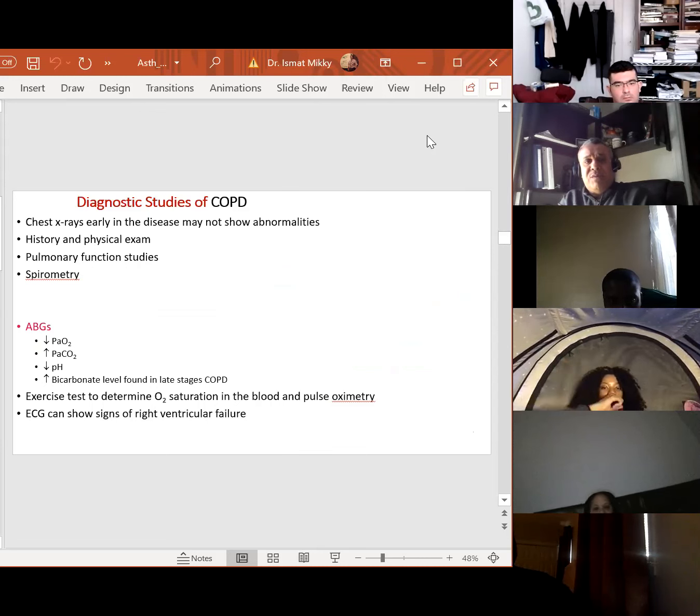ABGs, as you know, in a patient with COPD, the classic scenario would be a decreased PaO2. They will definitely have an increased PaCO2, as respiratory acidosis. So the pH would be low, and they will have an increased level of bicarb found in late stages as a compensation for the respiratory acidosis.